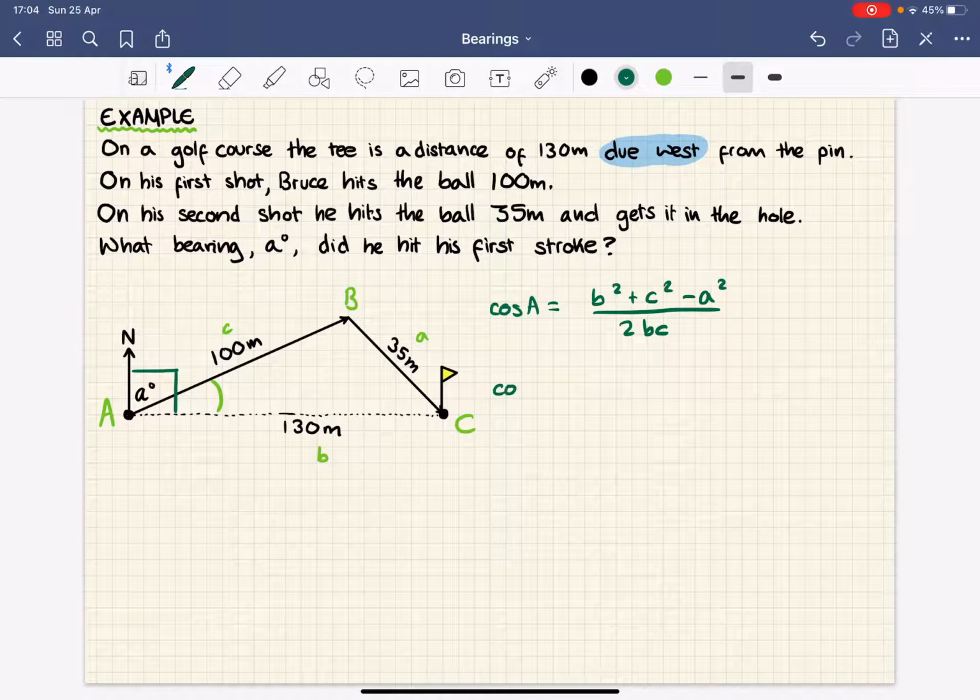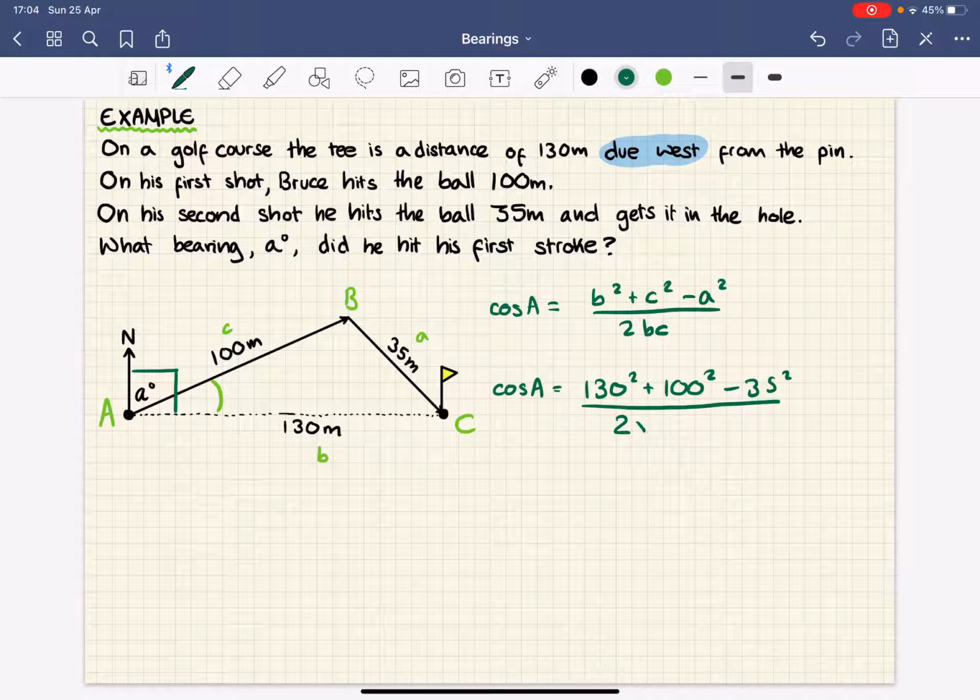So then substituting into that formula, I'm going to have 130 squared plus 100 squared minus the 35 squared all over 2 times the 130 times the 100. And then I want to put all of that into my calculator so it can simplify that fraction for me.